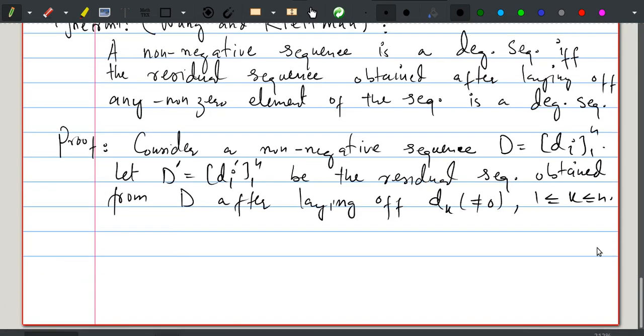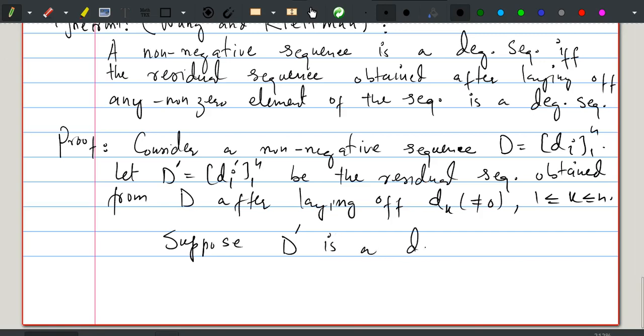So first we assume d prime is a degree sequence and we show d is a degree sequence. Suppose d prime is a degree sequence. Now we need to prove d is a degree sequence as well. Now if d prime is a degree sequence, then there is some graph which realizes this d prime.